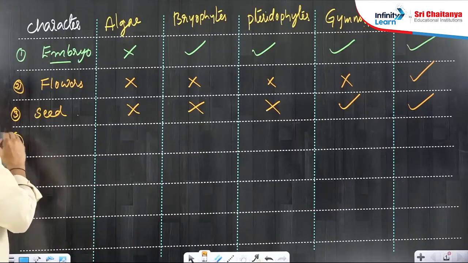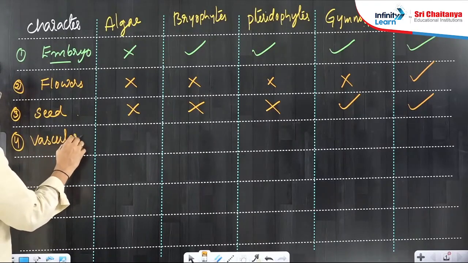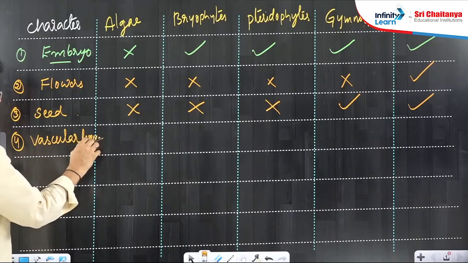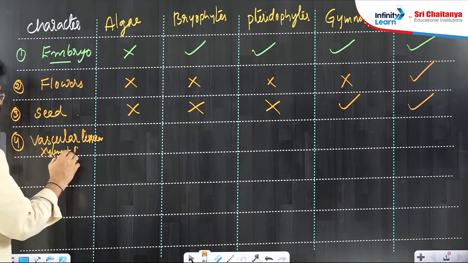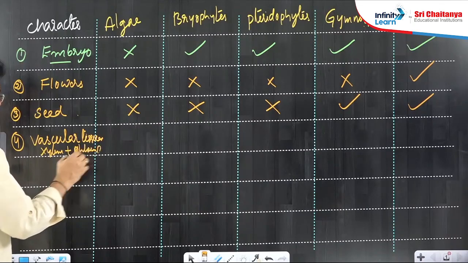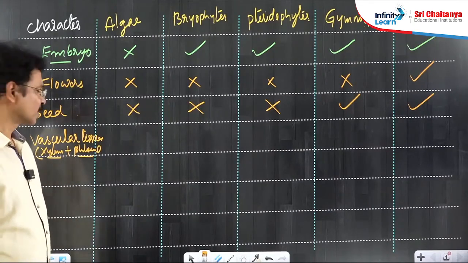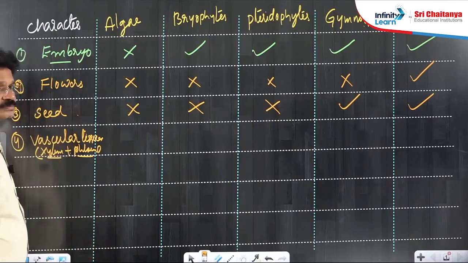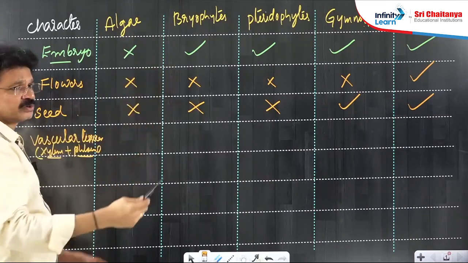One more feature, vascular tissues. Xylem and phloem together are called vascular tissues. Water conducting tissue, xylem; food conducting tissue, phloem. Both are vascular tissues. Based on presence and absence of vascular tissues, the entire plant kingdom can be divided into 2 groups.